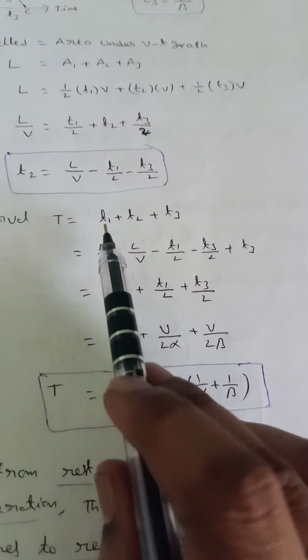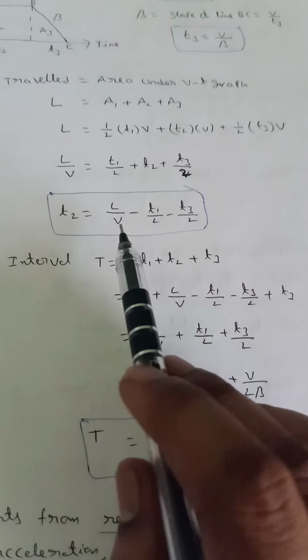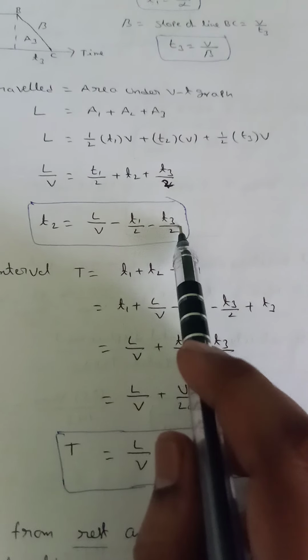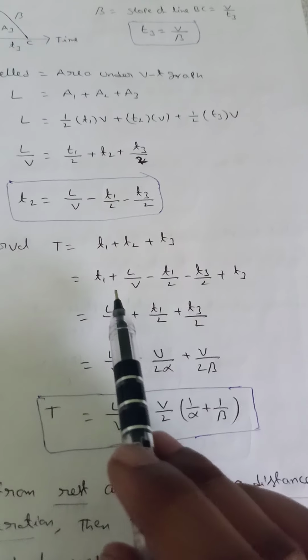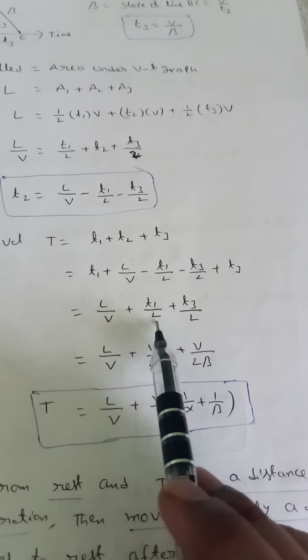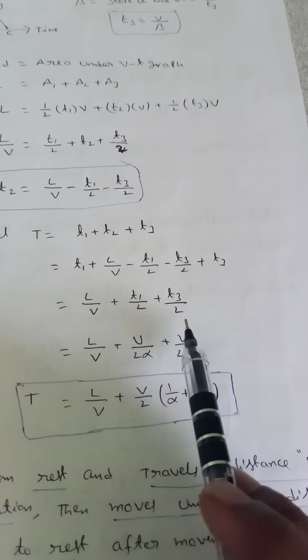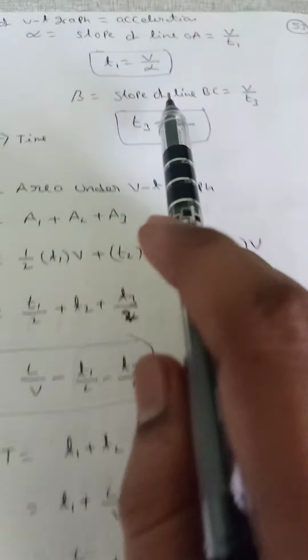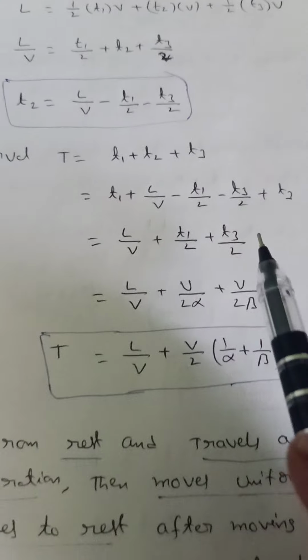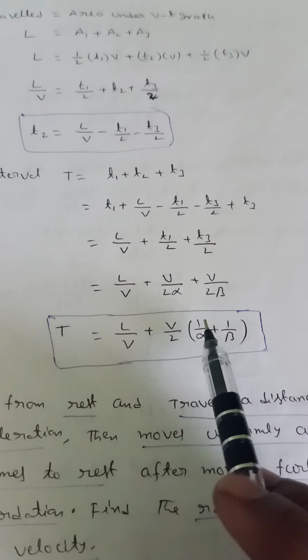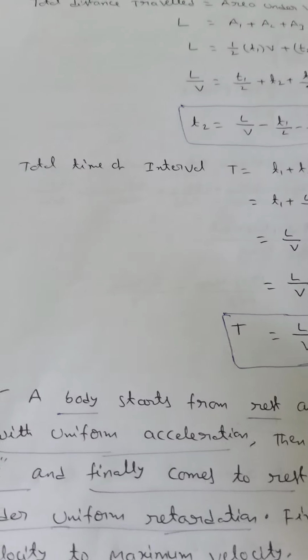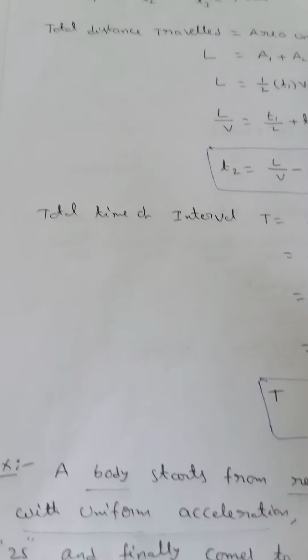Substituting these values, t1 minus t1 by 2 gives t1 by 2, and t3 minus t3 by 2 gives t3 by 2. But t1 is V by alpha and t3 is V by beta, so V by 2 is common, times 1 by alpha plus 1 by beta.